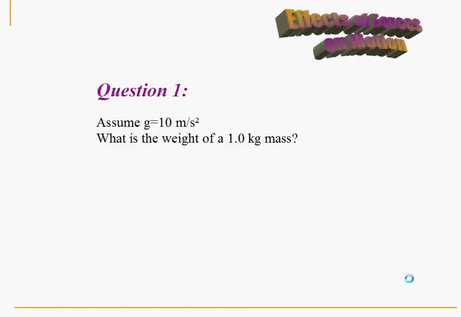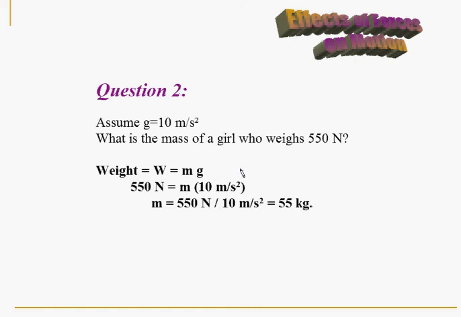So if we have g to be 10 meter per second square, what is the weight of a 1 kg mass? Essentially the weight is just 1 kg times 10, you get 10 Newton. So essentially 1 kg is equivalent to almost 10 Newton. And if you have a weight of 550 Newton, what is the mass of the girl? You divide 550 by 10, you get 55 kilogram.